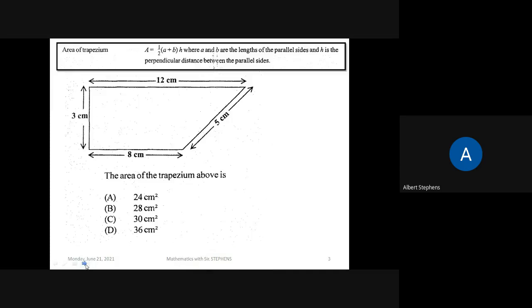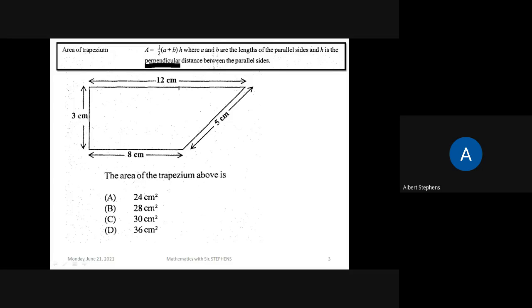All right. Okay, let's look at this now. So this is a trapezium, and see the formula is there. So this is the formula you will see in the exam. So the area of a trapezium is a half (a plus b) multiplied by h, where a and b are the parallel sides, and h, check this out, h is the what?